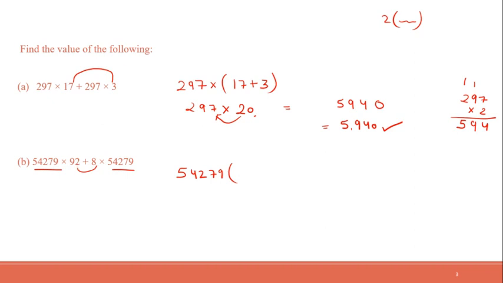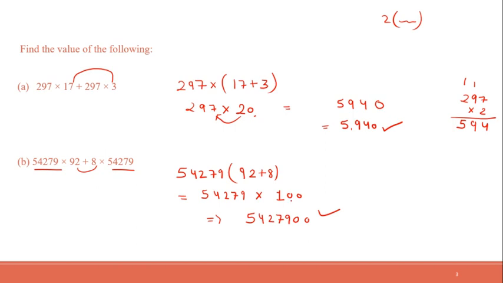Now we'll just write these two terms in addition, right? This is how we have done the previous question. 92 plus 8. Got it? So what will it become? 54279 multiplied with 92 plus 8, which is 100. Now I want you guys to tell me what will be the result of this multiplication. The result will be 5427900, right?